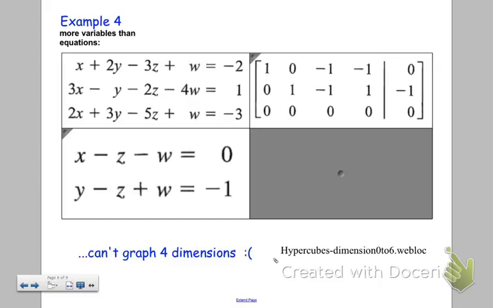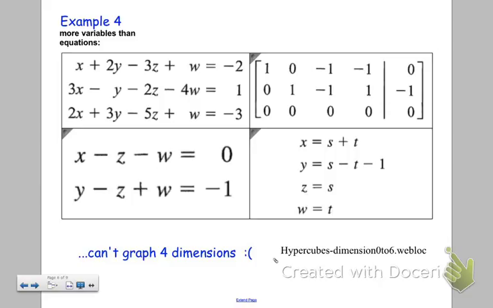So this augmented matrix, or reduced matrix, gives us this system. The bottom's all 0, so it's just 2 equations with all those variables. Now what we're going to do is get x equals and move the z and w over, and that gives us this.